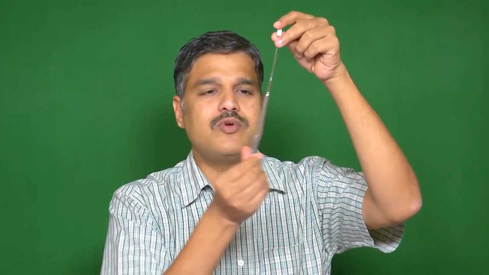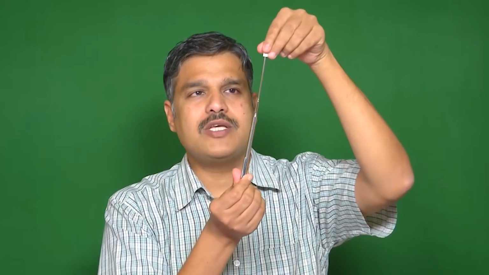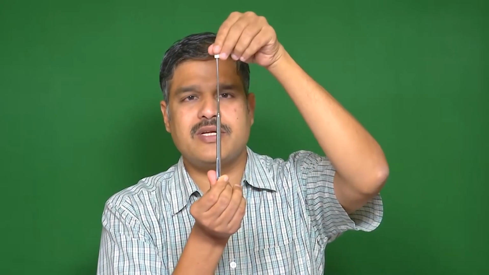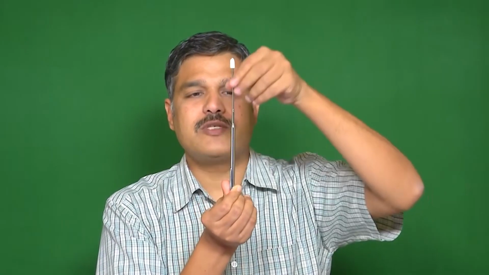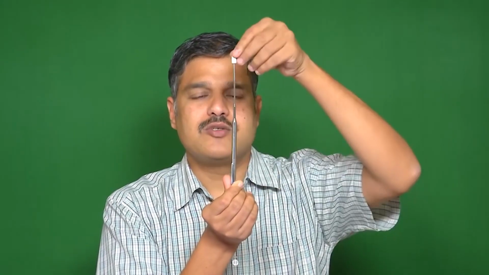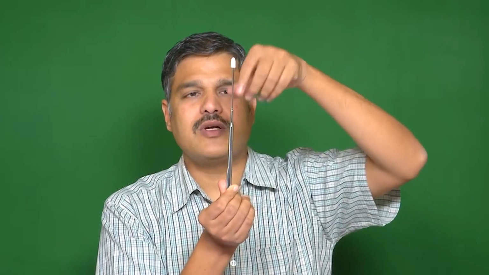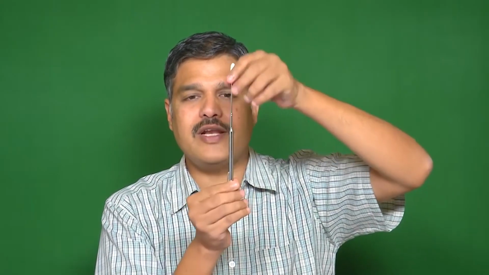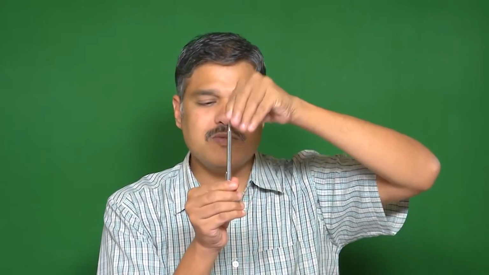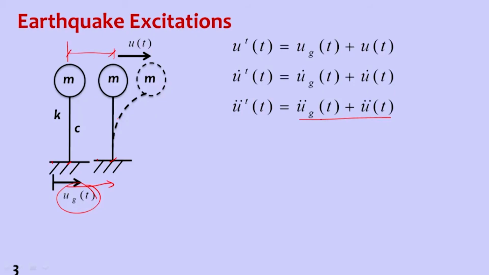Whereas for the stiffness force, if the base has moved 3 centimeters and the tip has also moved 3 centimeters, the force in the column is 0, because there is no relative displacement between these two points. So to calculate the force in the column, we need relative displacement, which is the displacement between the base and the center of mass.